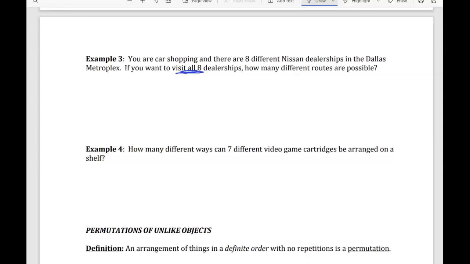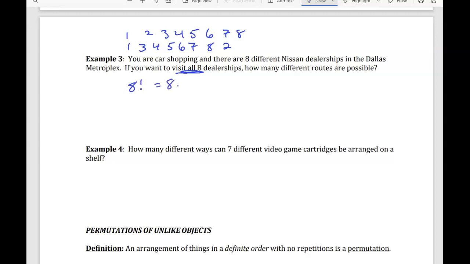So you could start with 1, 2, 3, 4, 5, 6, 7, and 8, or then you could go 1, 3, 4, 5, 6, 7, 8, and then number 2, and so forth. So the number of different ways is just going to be 8 factorial because you're going to visit all of them.